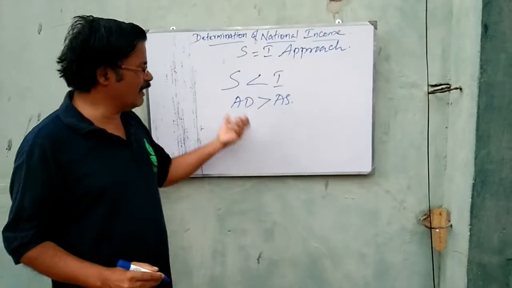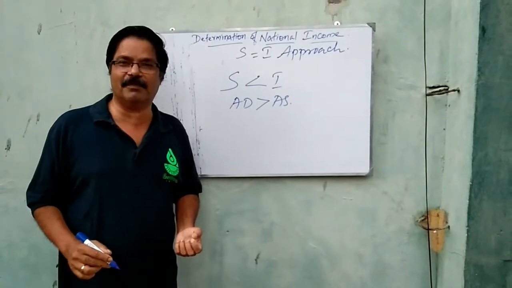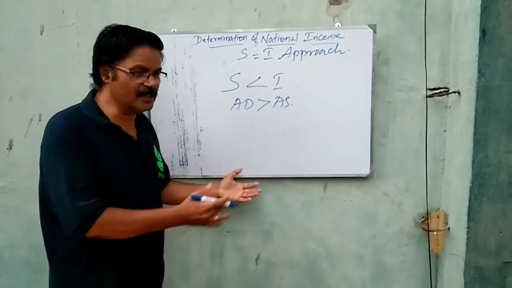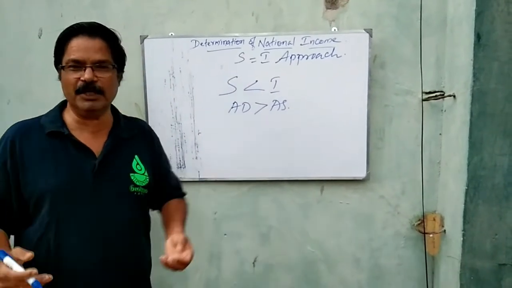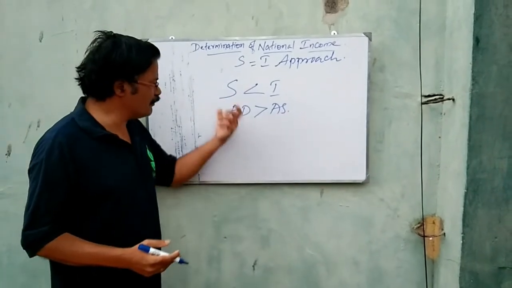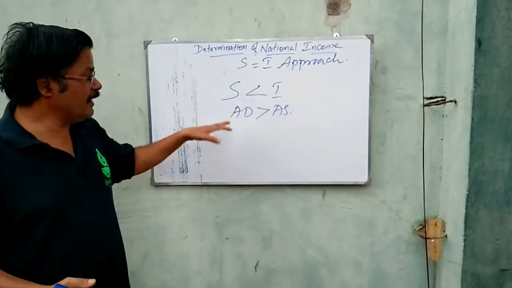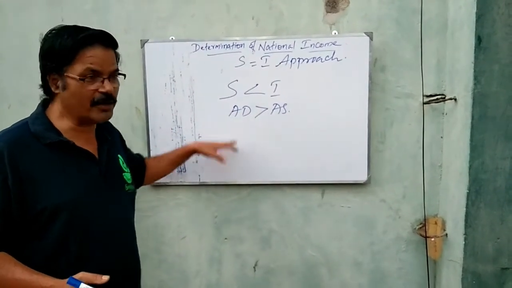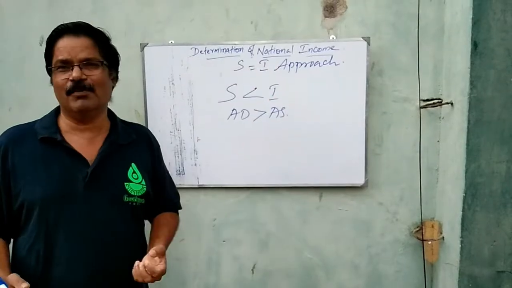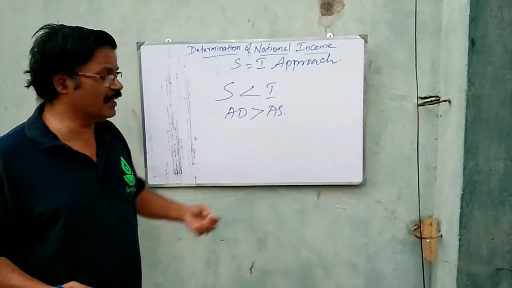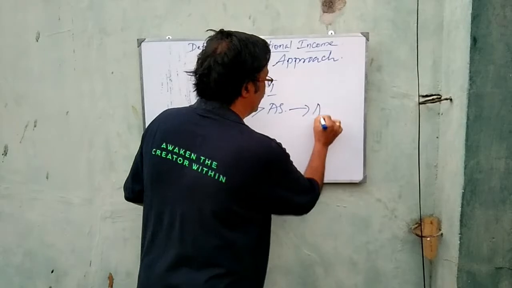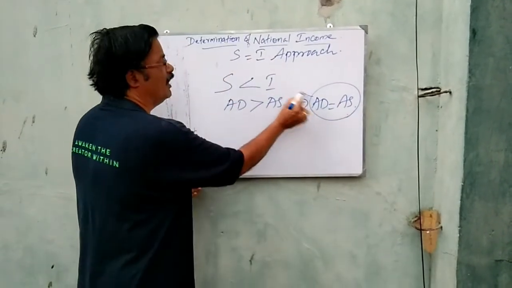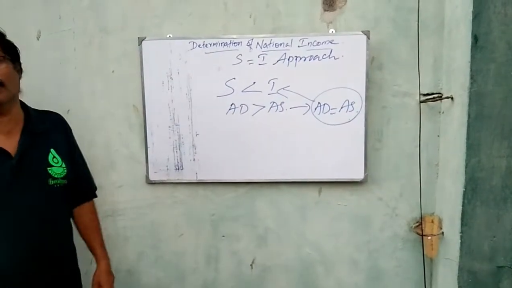What will happen when aggregate demand is greater than aggregate supply? Inventories will fall. Stock will fall because the sellers will take from the stock and bring it to the market. Seeing this will give a warning signal to the producers. The stock is falling, so they will increase production and aggregate supply will increase, and ultimately AD and AS will become equal. When AD and AS are equal, S and I will also be equal.